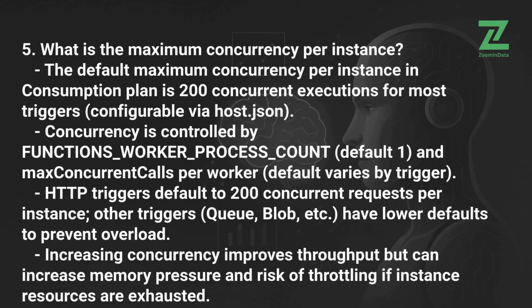HTTP triggers default to 200 concurrent requests per instance. Other triggers, queue, blob, etc., have lower defaults to prevent overload. Increasing concurrency improves throughput but can increase memory pressure and risk of throttling if instance resources are exhausted.